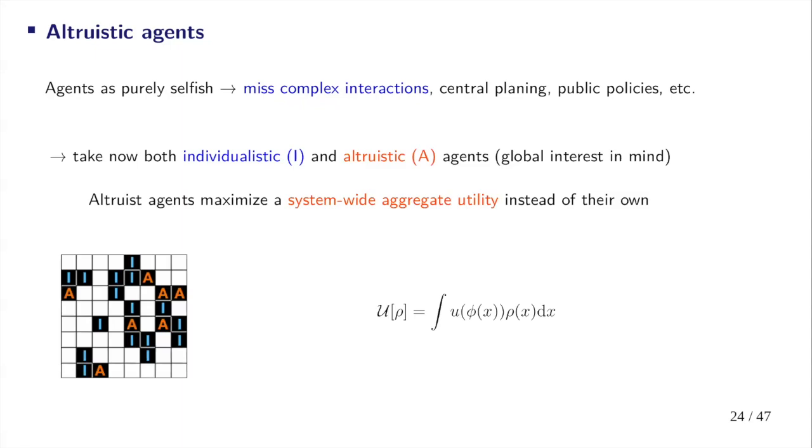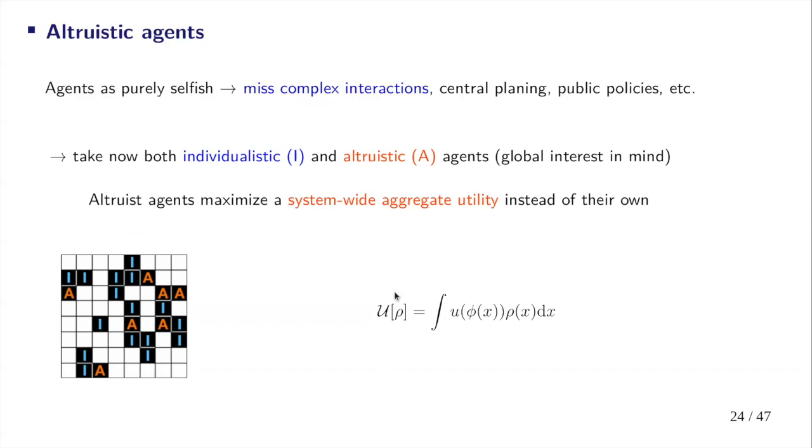So we decided to introduce another type of agents that are said to be altruistic. And these agents will move according to a utility, which is the global aggregate utility. So as if a state was telling people to move from one place to the other because it's better for the city or for the society.